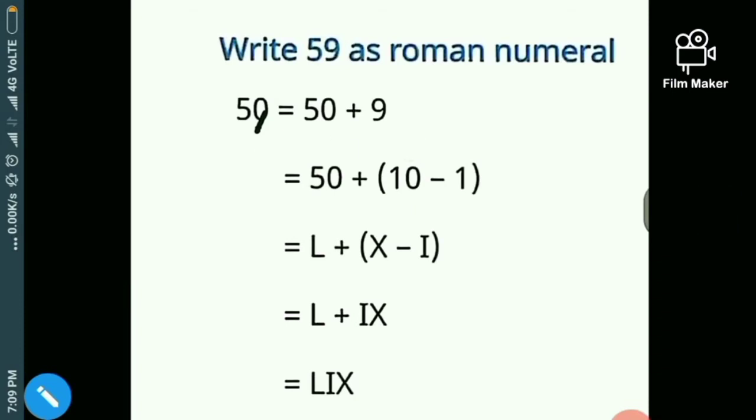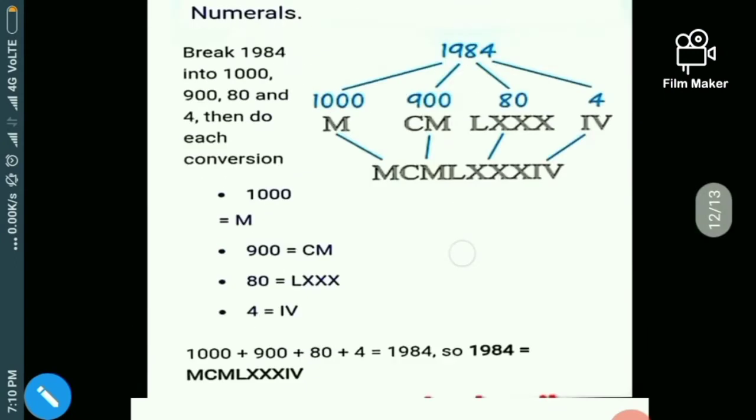So 59 is broken as 50 plus 9. The 50 is represented by L, and 9 you can write directly as IX, otherwise you can break 9 also: 10 minus 1. 10 is denoted by X, 1 is denoted by I. As it is subtracted, I will be written at the left hand side of X, so the result is LIX.